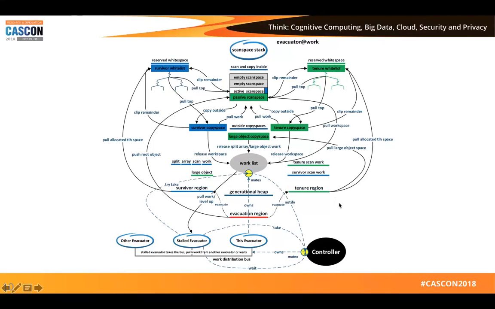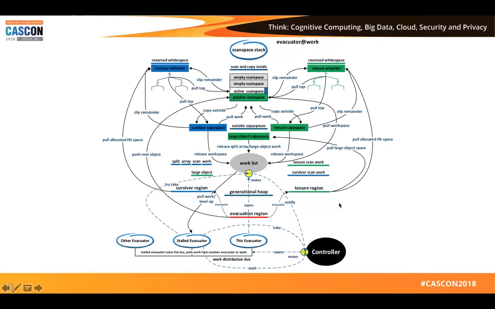You're going to allocate a chunk of white space, 128 kilobytes, and attach it to the bottom of the stack, copy the root object into it, and then set your scan pointer to the bottom of the bottom frame and start scanning immediately. And as before, just spin that object out, and basically every object that's reachable from that object is going to get copied onto the stack, into the outside copy spaces, until everything's scanned and the stack pops.